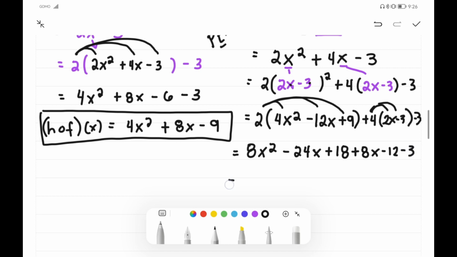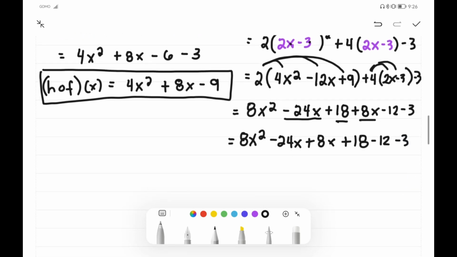So in this case, arrange natin in descending order. So una natin is 8x squared, then followed by negative 24x, followed by positive 8x, then yung constant natin na 18, then minus 12, then minus 3. So in this case, simplify natin.